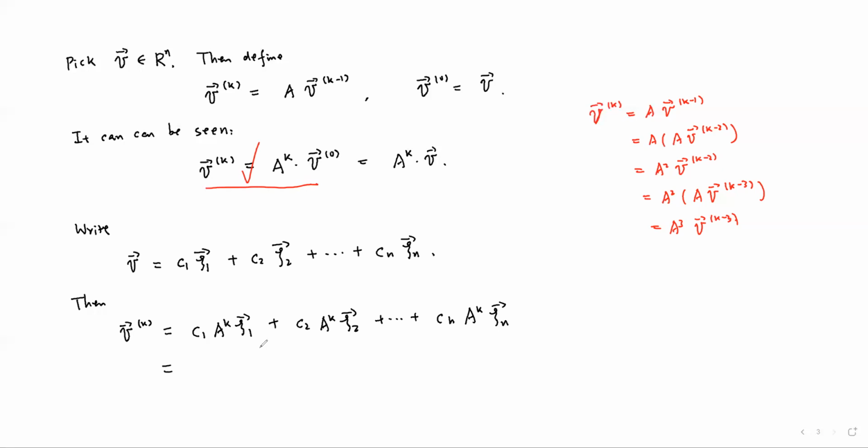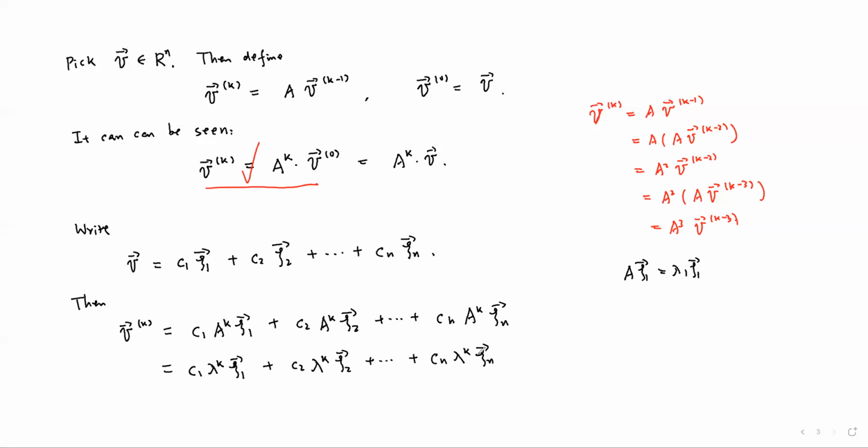The psi vectors are eigenvectors, right? A psi 1 is lambda 1 psi 1. So I repeatedly apply this equation, then I get the first term is C1 lambda 1^k psi 1. Similarly, the second term A^k psi 2: psi 2 is an eigenvector, so it is lambda 2^k psi 2, and so on, lambda n^k psi n.